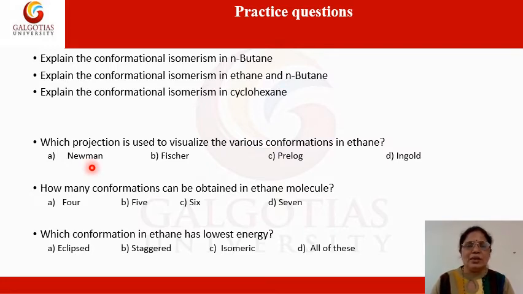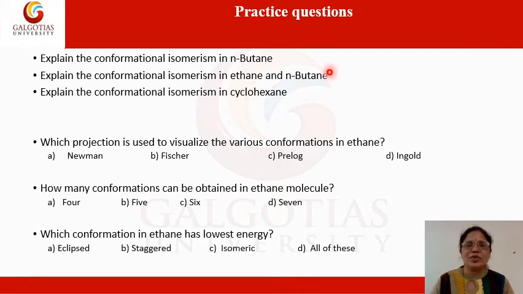During each conformational isomerism we study, we should know the number of conformations possible for each, like in ethane, butane and cyclohexane. In the case of ethane, we have 6 different conformations, that is 3 eclipsed and 3 staggered.